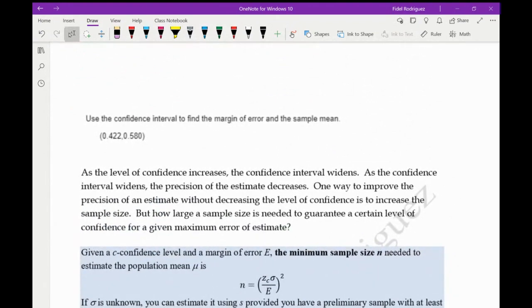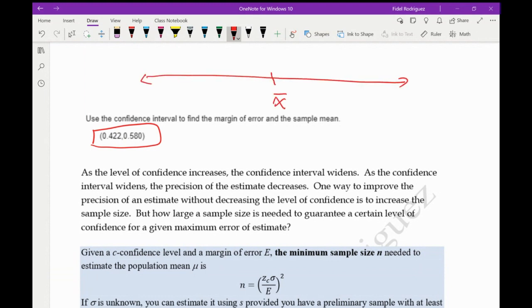Okay, so for this problem here, it says use the confidence interval to find the margin of error and the sample mean. Okay, so when I'm looking at this part right here, here's my sample mean, and my margin of error, or my values are 0.422 and 0.580.